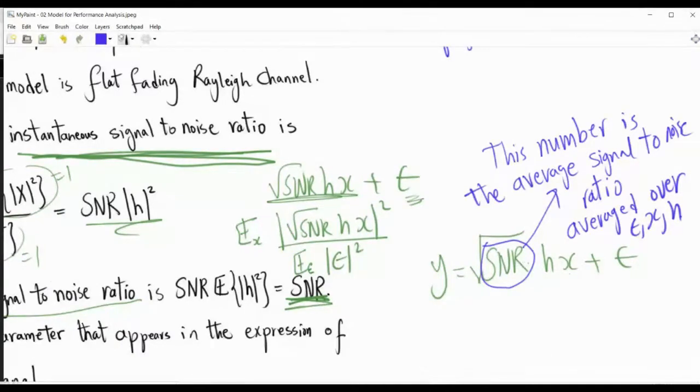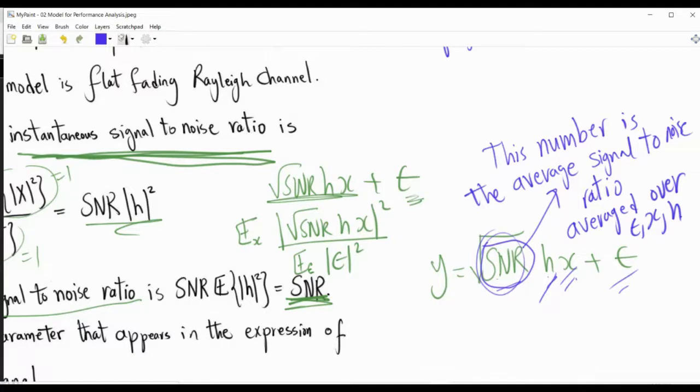So the model is normalized. The benefit here is that you put the signal to noise ratio explicitly as this factor, and then you deal with normalized random variables, which many times is convenient. Rather than saying epsilon has a variance of sigma squared, x has a variance p sub x, h has a variance p sub h, you just set everyone to have unit variance and put a constant here in this form.